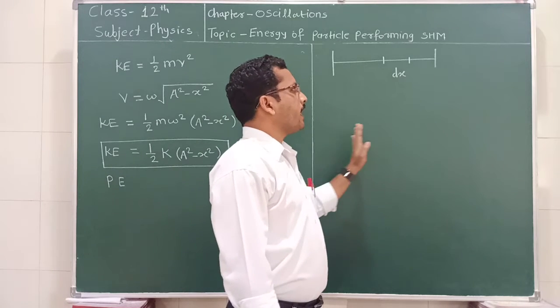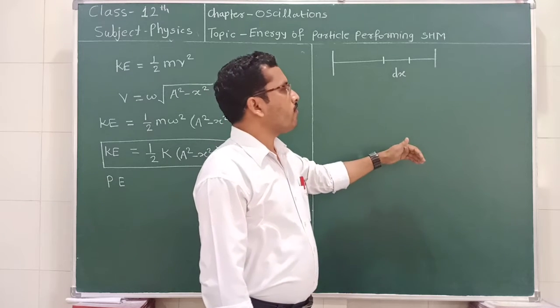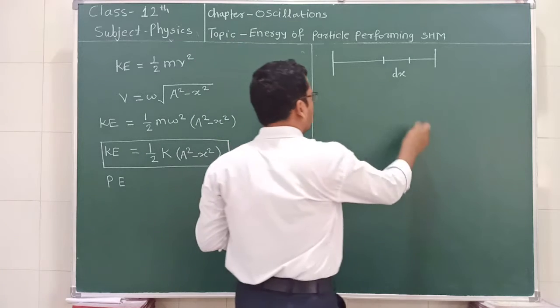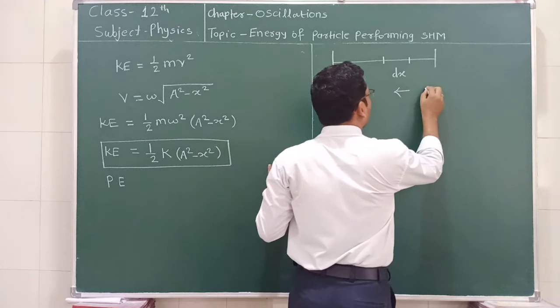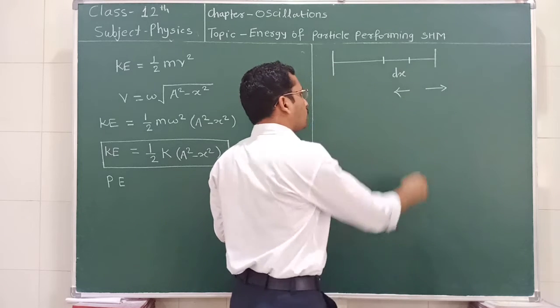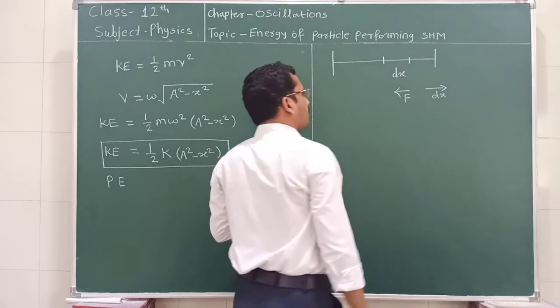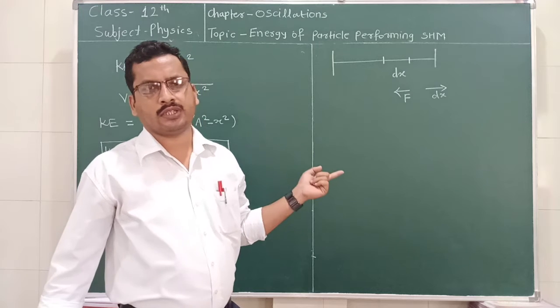The force is acting on this particle, and the force is always directed towards the mean position. So the direction of force is like this, and the displacement is like this. This F and this dx are oppositely directed to each other.